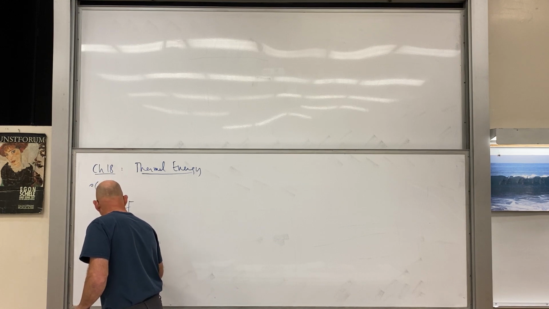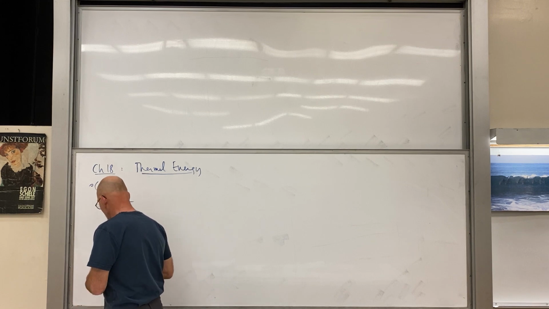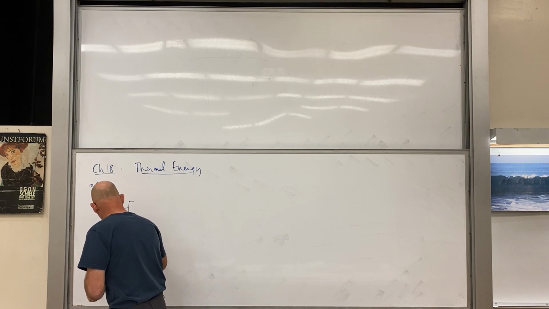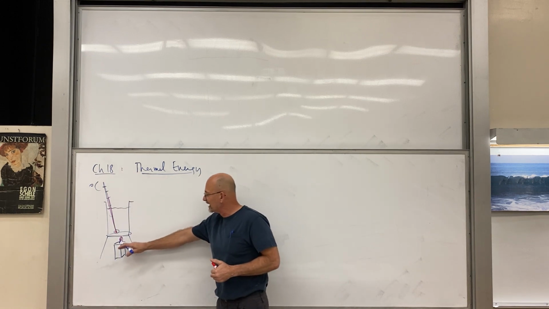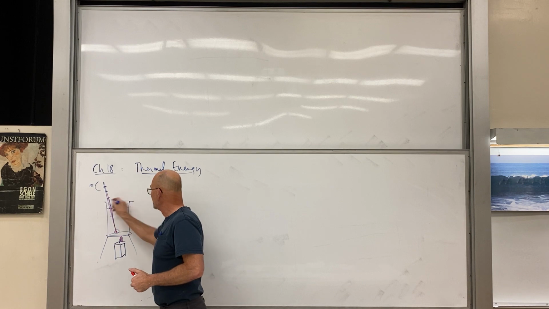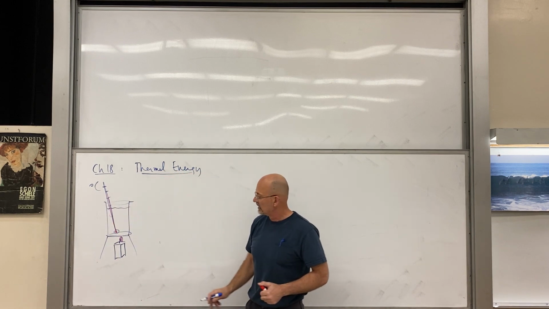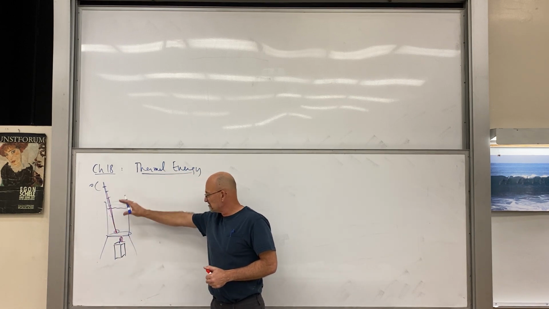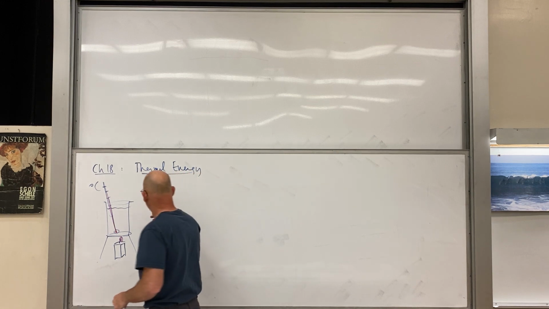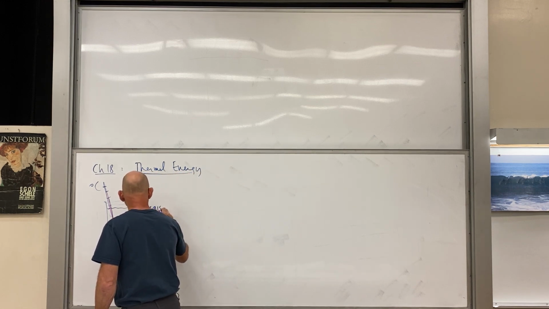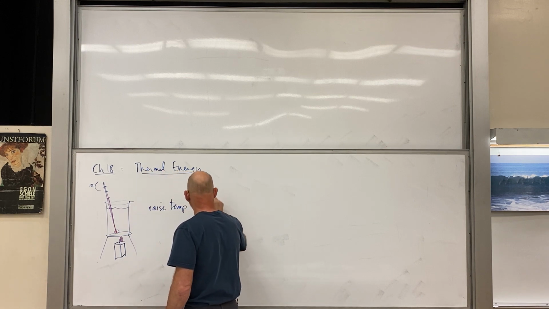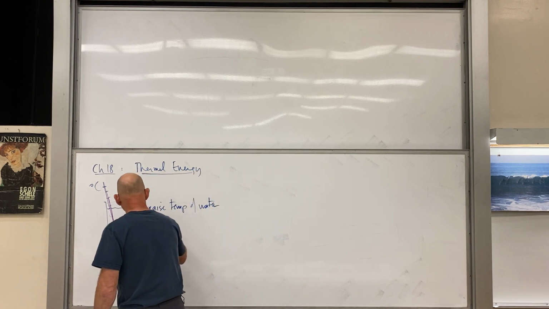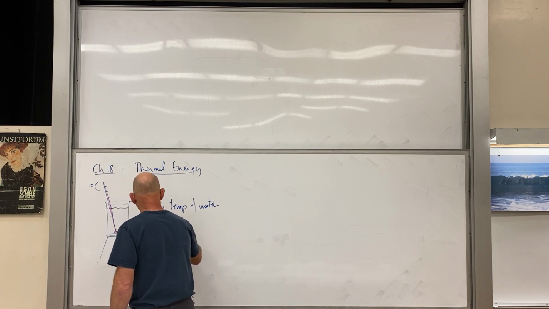Now I'm going to make this candle square for a reason. There's the candle, there's the flame. And of course what's going to happen is we can heat the water in the beaker by burning that candle. So we raise the temperature of water with the candle.